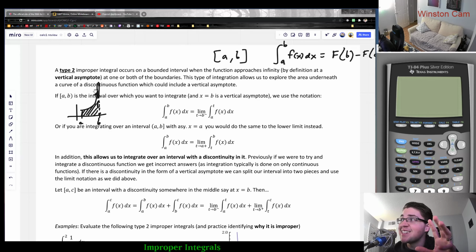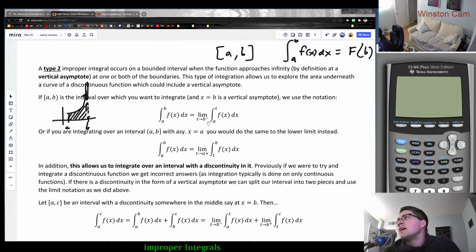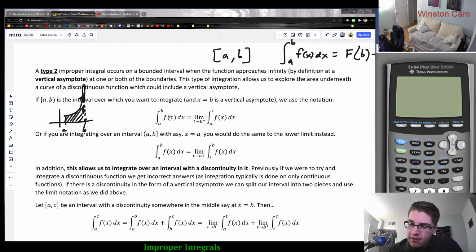Well, again, the question is: is the area under the curve divergent, aka either infinite or other, or does it converge? Is it finite? Is it bounded above by a particular value? And notice the strategy is very similar. If that potential discontinuity occurs at b, then what we want to do is extract it in the form of a limit instead of just evaluating at b, because again, we're not allowed to evaluate at b since it is not continuous by the fundamental theorem.